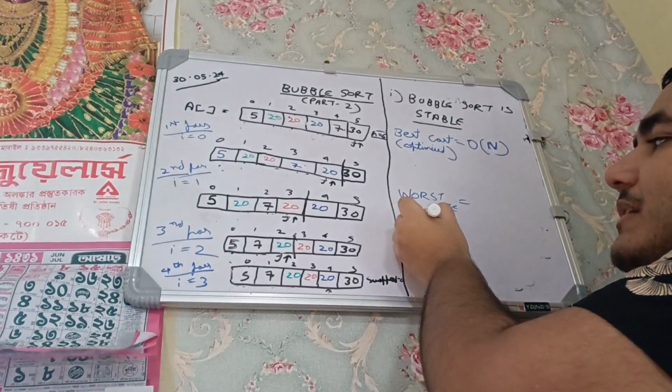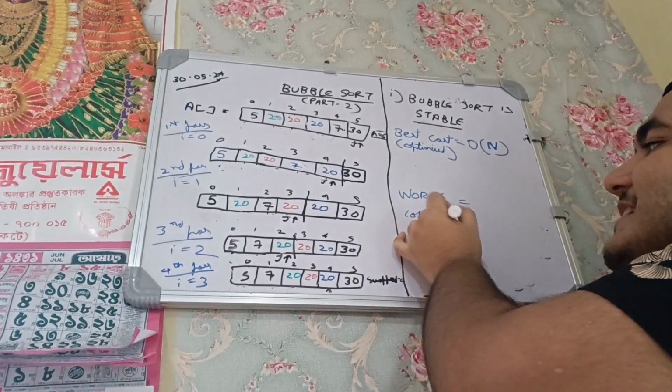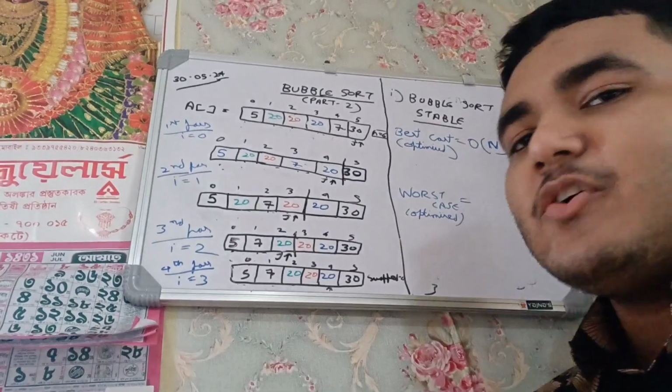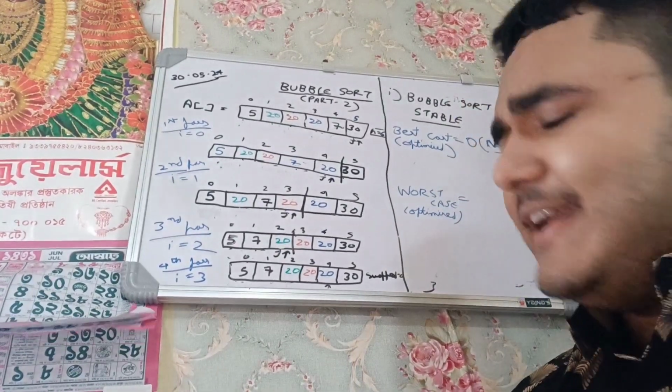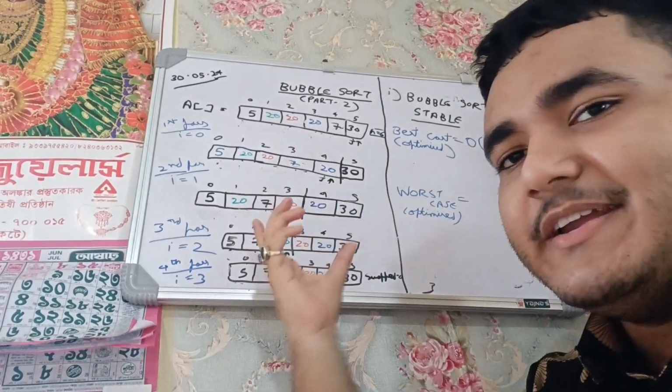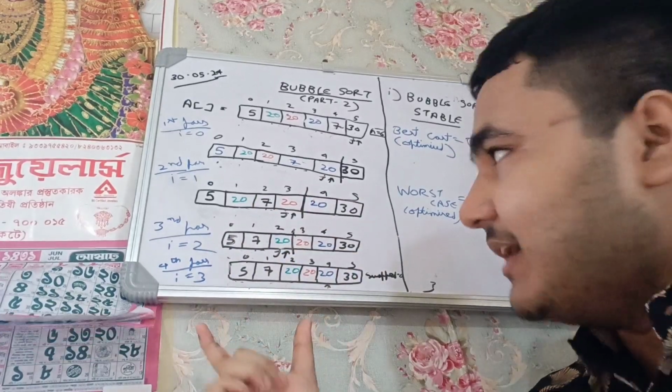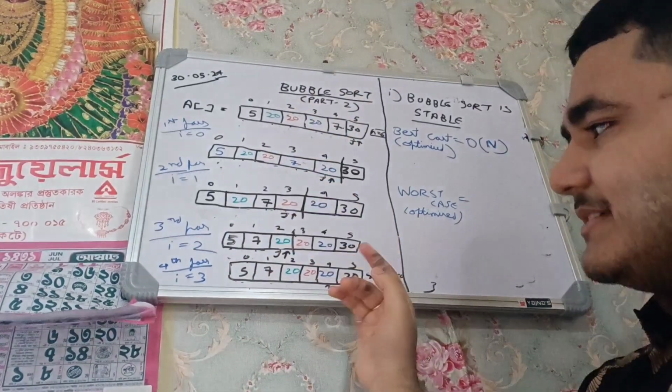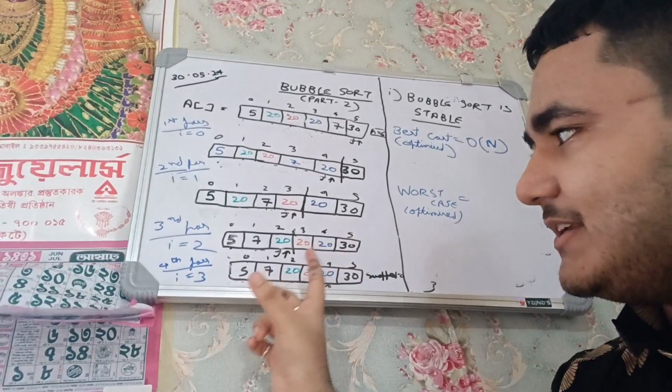Now, for the optimized one, the worst case is definitely when the array is in reverse sorted order, that means descending order. Consider this array is present in reverse order.